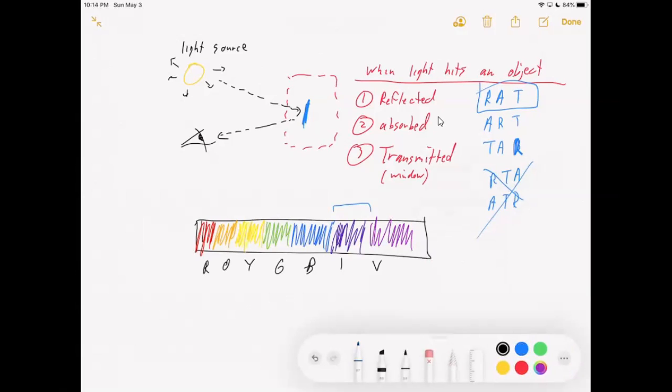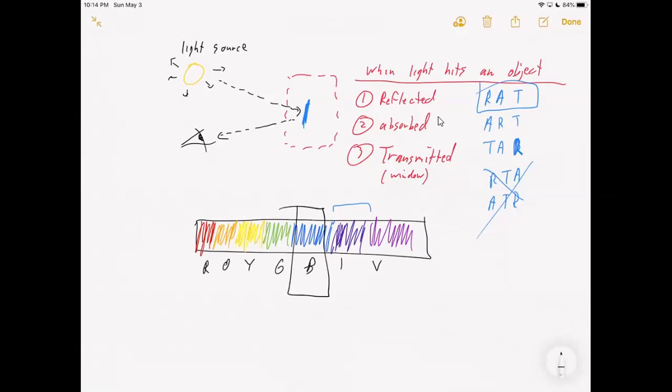If I'm going to see a blue pen, it means this part of the spectrum, the light that hits the pen, which is all of these colors combined as white light, must have a lot of this reflected. Given that light doesn't really pass through the pen, I guess the plastic is somewhat clear, but all of these other colors in the white spectrum are basically being absorbed because it's a fairly solid color pen.